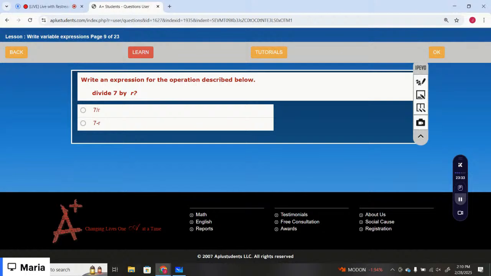Write an expression for the operation described below. Divide 7 by r. Option number 1 is the correct option, that is 7 divided by r.